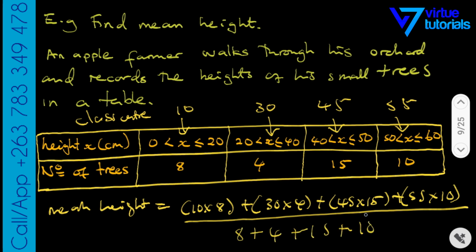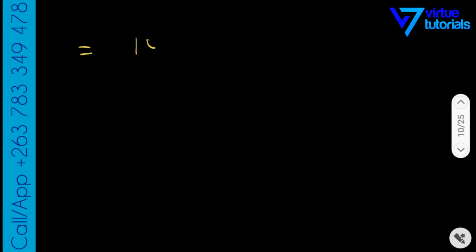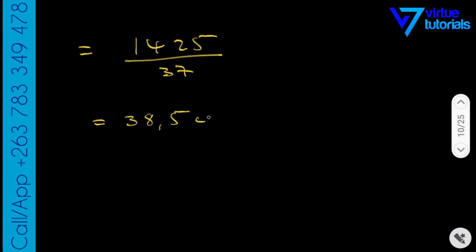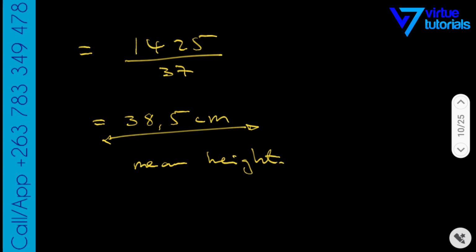If we calculate this, you're going to get 1,425 divided by 37. If you divide, you get 38.5. That was centimeters. That's going to be your mean height for the trees. So that's the simple procedure for calculating your mean.